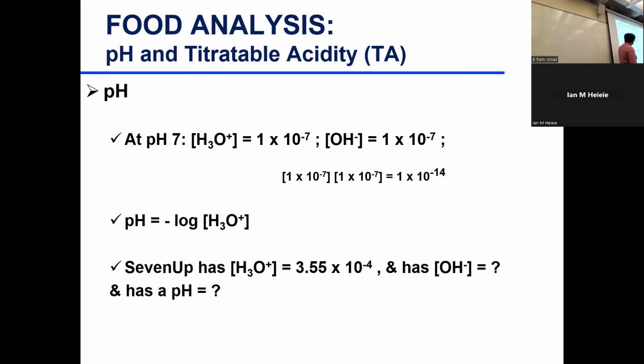Here we're calculating the pH. I'm giving you the concentration of hydronium ion in a 7-Up. So you can calculate the concentration of hydroxyl ion, and then using the equation pH equals negative log of the concentration of hydronium ion, you can get the pH. So just a quick practice. When you have an answer, let me know.